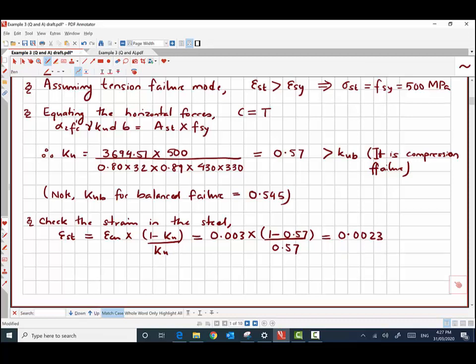Now, is the steel yielding? We know that epsilon sy, the steel yield strain, is 0.0025. But the steel strain at this point is 0.0023, that is epsilon st is less than epsilon sy, which implies that the steel is not yielding. It means that our assumption that the tension failure mode occurs is not correct.